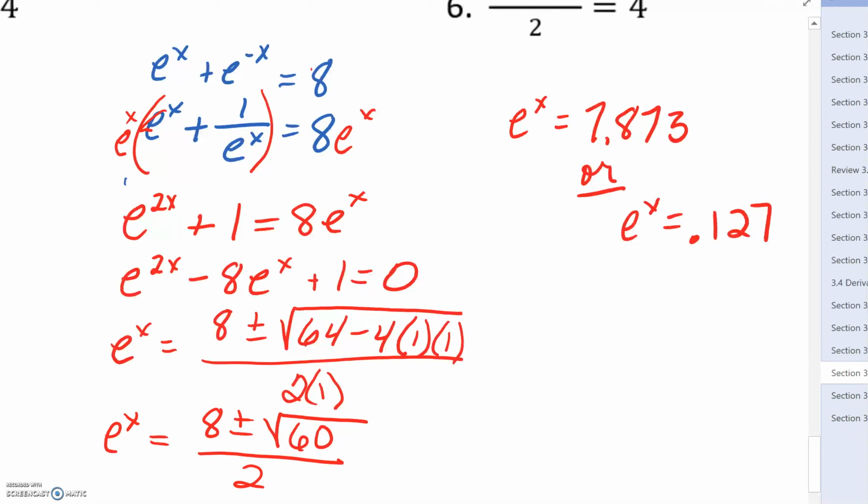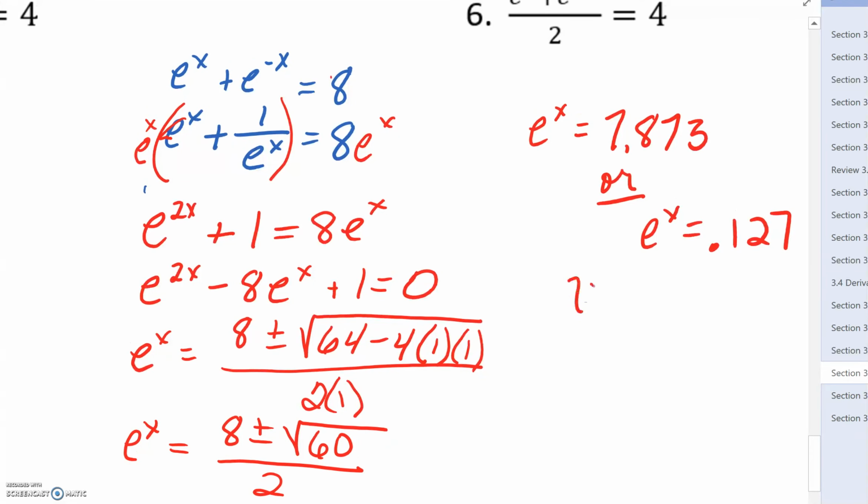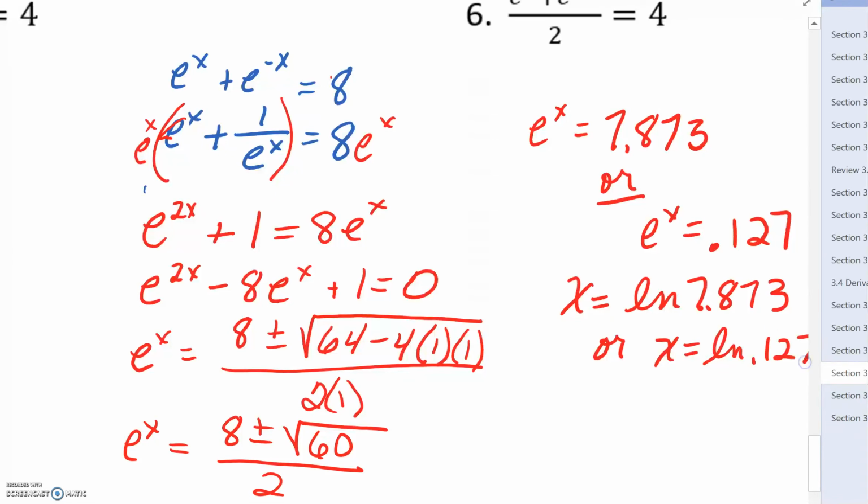And then finally, at this point, that's where we take the log of both sides. So think about if I were to take the natural log of both sides. Of course, the natural log of e to the x is just x. And same thing down here, you get the natural log of 0.127.